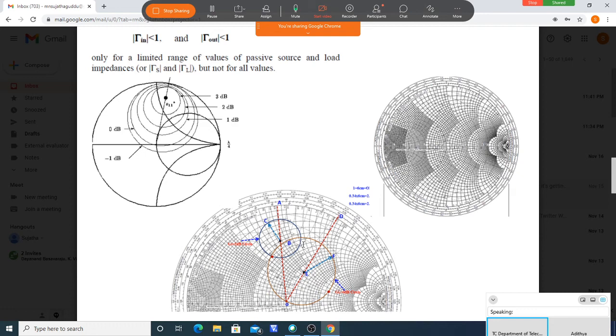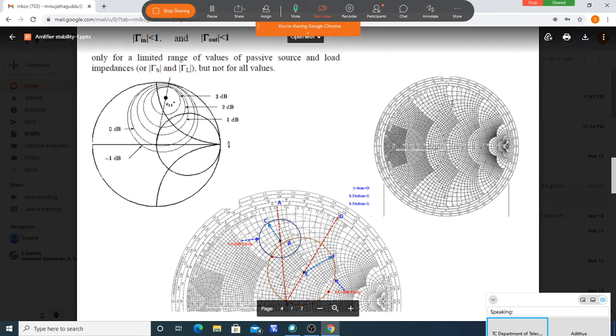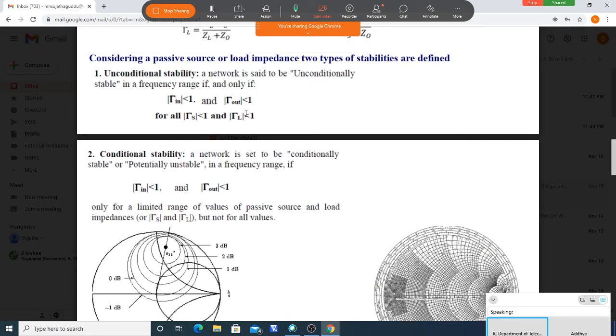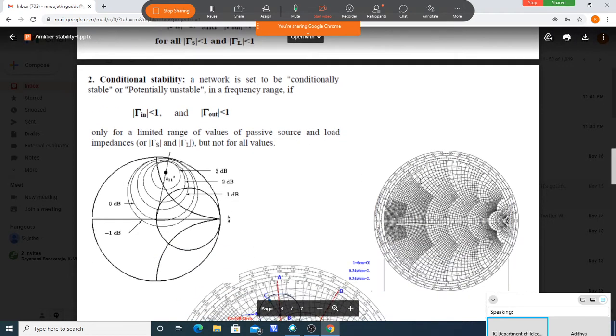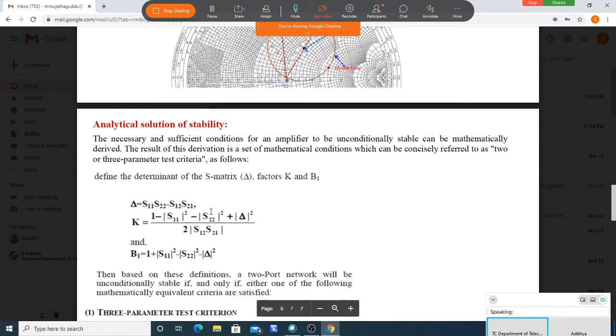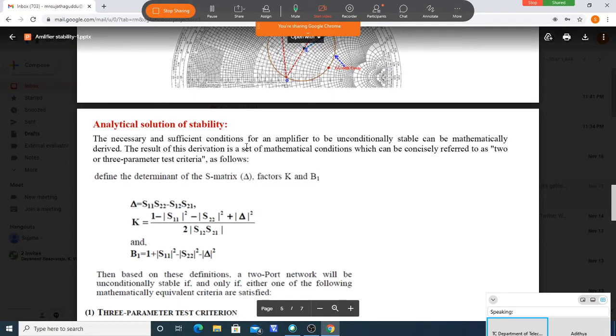For 2 dB we want this circle's values only, but any value over the circle you can choose, if the entire region is stable. So how to come to know it is unconditionally stable? That means how to know all values are stable. For that we can check easily with CLS. That is called the analytical solution of stability.